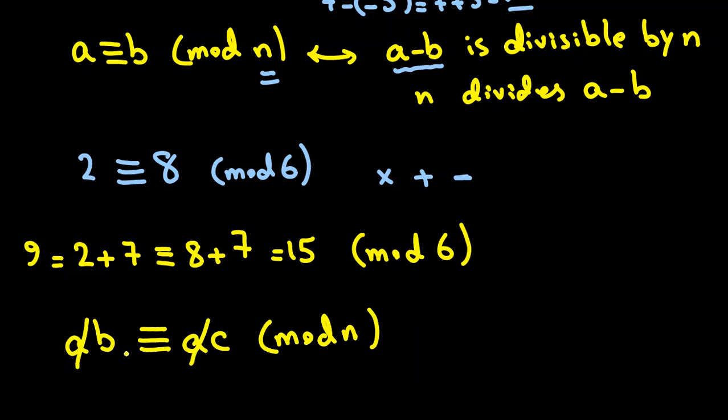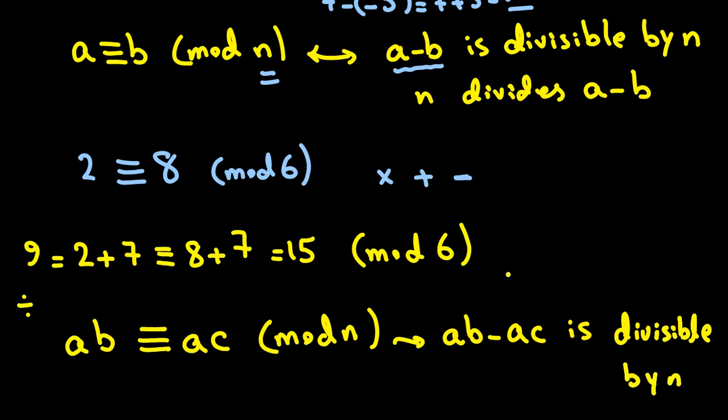The only case that is not exactly similar to equality is when you want to divide. Suppose you have AB is congruent to AC mod n. You want to divide by A. It is not always correct. You should check that. By the definition, AB minus AC is divisible by n.